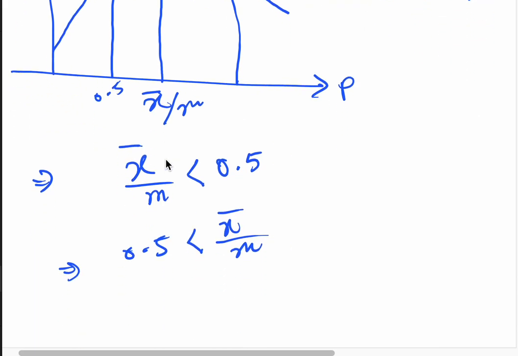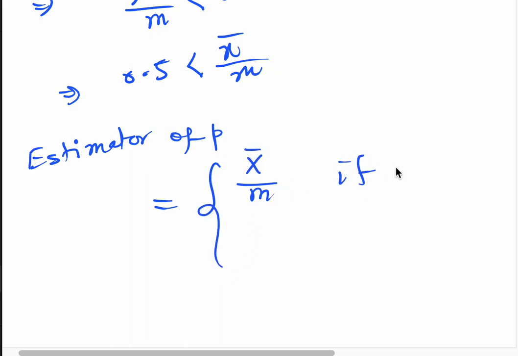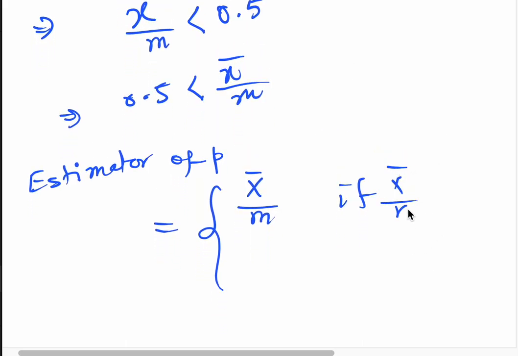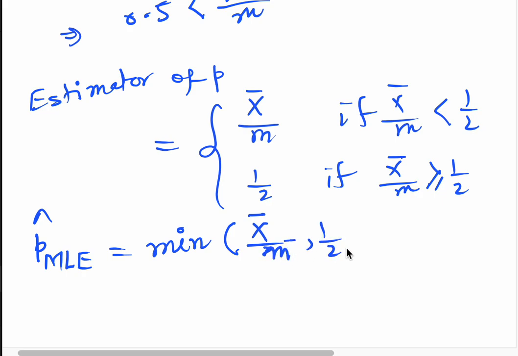So the estimator of p is x bar by m if x bar by m is less than half, and it is half if x bar by m is greater than or equal to half. So the maximum likelihood estimator is the minimum between x bar by m and half.